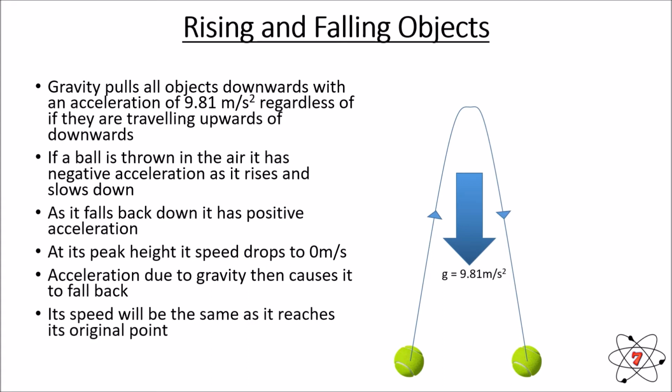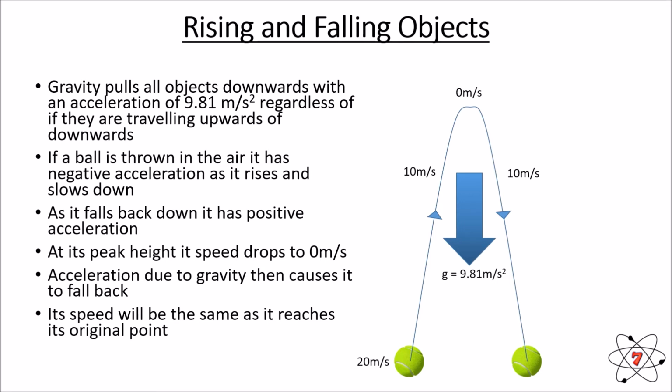Now, the speed that it reaches as it lands back at its original point will be exactly the same as the speed that it started at. So if we throw the ball initially at a speed of 20 meters per second, as the ball travels upwards, its speed will slow. It will reach a speed of 0 meters per second at the peak of its height.